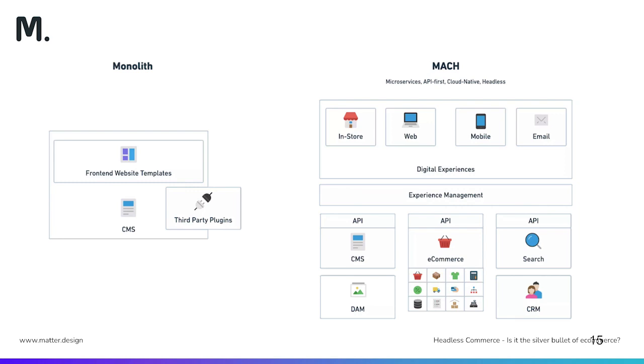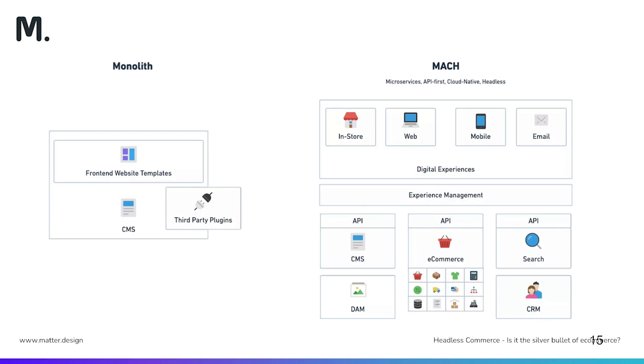This is different to what is traditionally called a monolithic architecture, and this is where the front end of the website is tied tightly to the content management system running that website. And that might be supplemented with third-party plugins. And so what you get is a website and an admin that is tightly coupled.